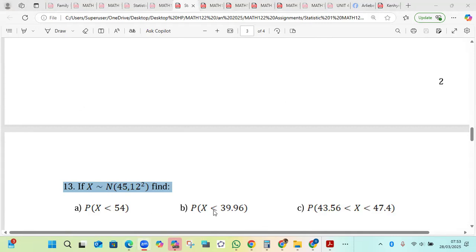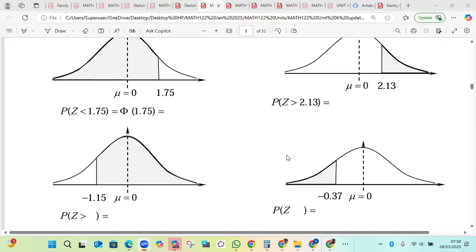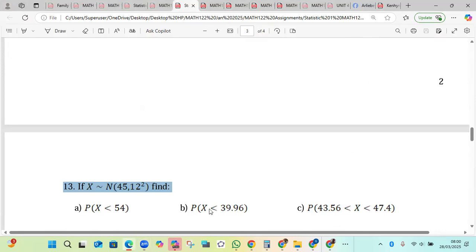So by the way, that's a phi of 39.96, because the arrow is pointing towards the left. So we have found a situation similar to part B, where our x is less than 39.96.